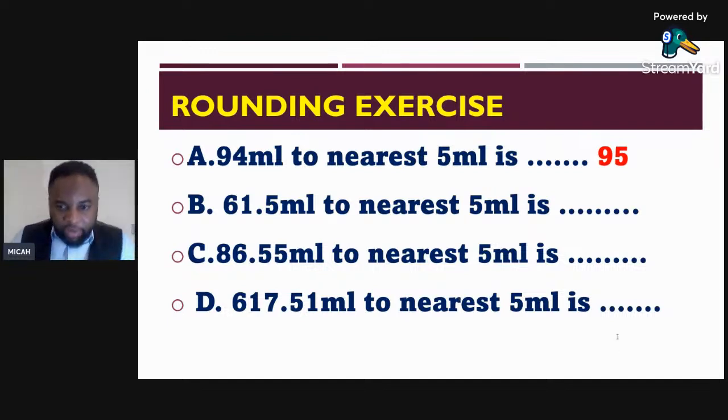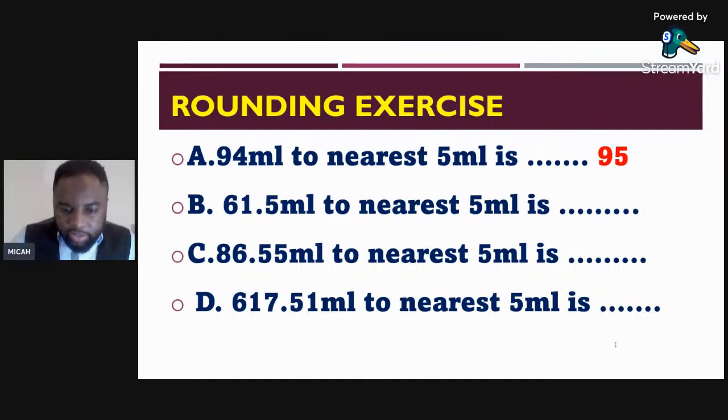Let's look at 95, for instance, as the answer to the first one. In terms of multiples of 5, we have 90, then 95, then 100 mil.